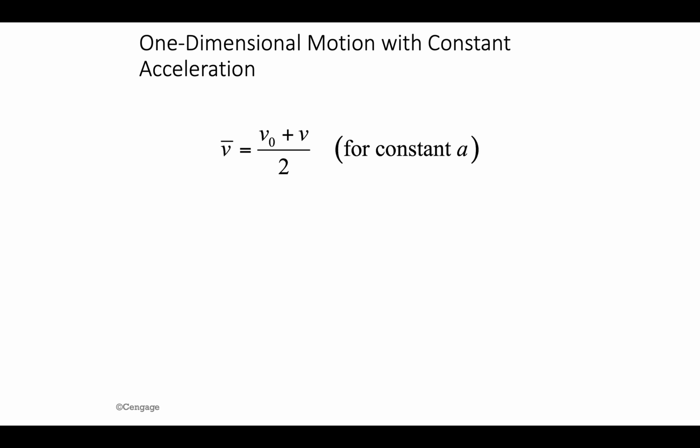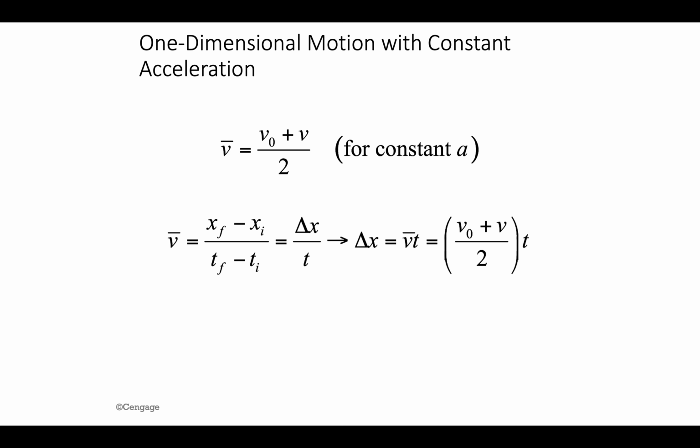Okay? Now, if my acceleration is constant, and this is only true for constant acceleration, then my average velocity between an initial and a final velocity is just the initial plus the final velocity divided by 2. It's the average of the values of the velocity.